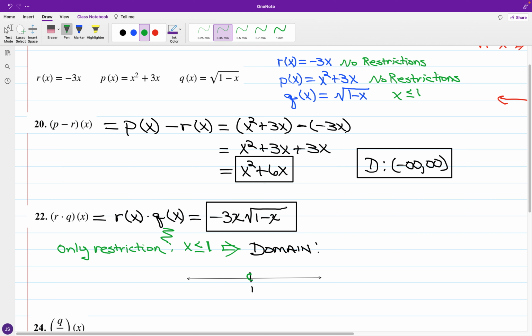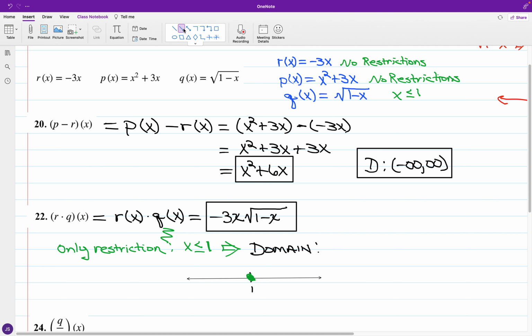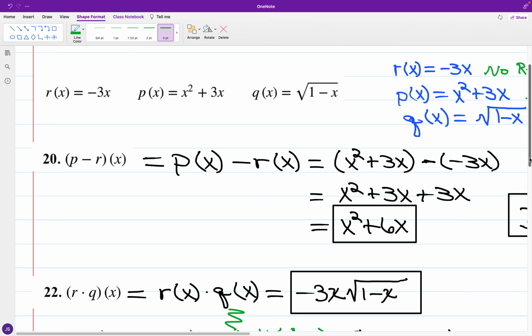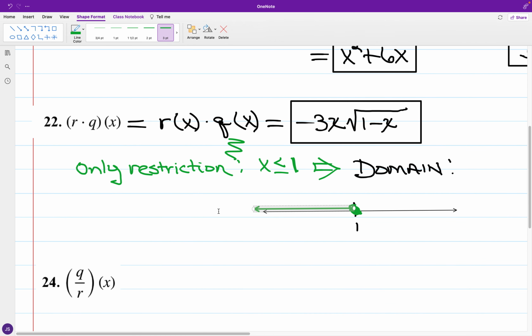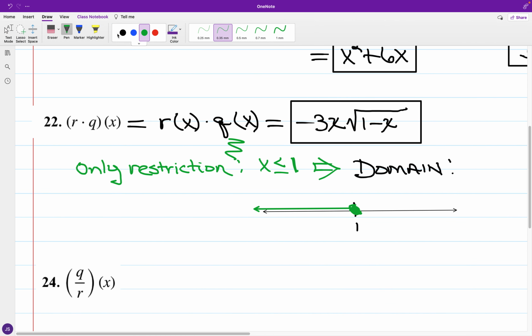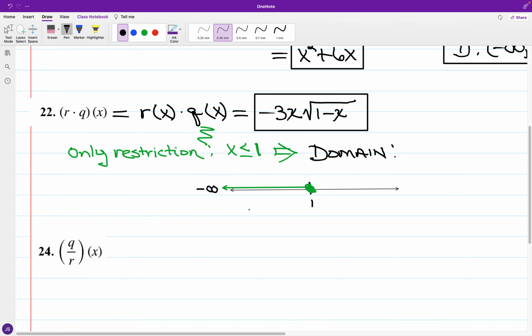Less than or equal to 1, so you would have a solid point on 1, an array that's going to go continuously to the left, and heading out in the direction of negative infinity.